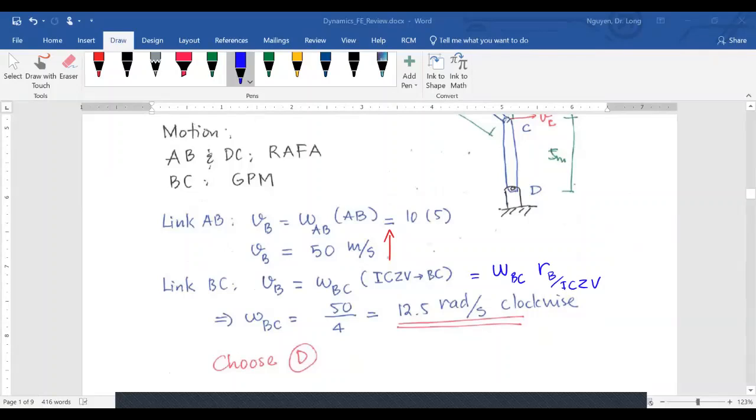So when we stand here, I stand at the ICZV and BC rotates about the ICZV. When you see VB going up, then the angular velocity has to be consistent. So that is omega BC, and that is clockwise, as you can see. So that is the second problem.